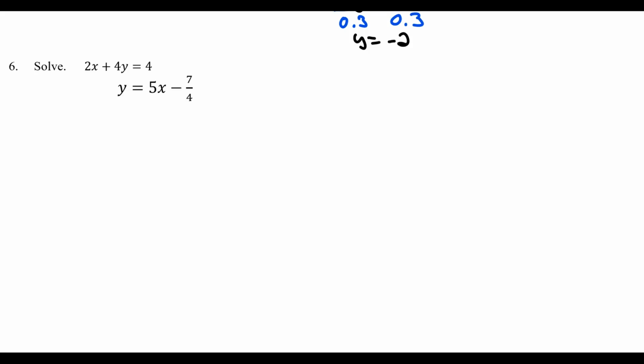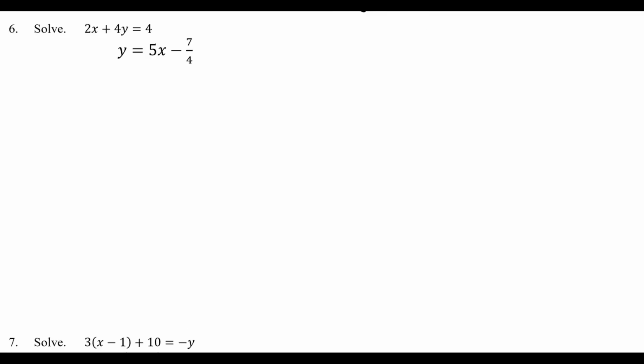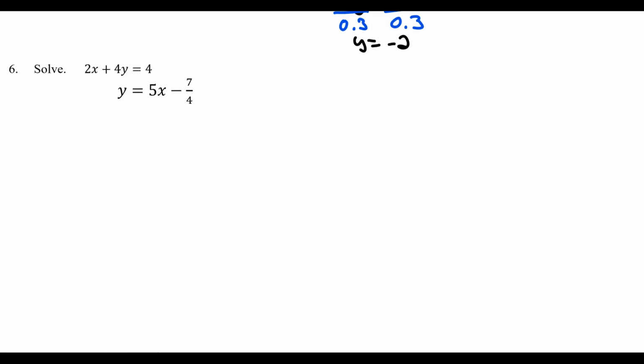Let's try another one. This one, notice it has a fraction in it, so we're going to leave answers in fraction form if we need to. Whenever I'm working this, notice I already have y equals. So on this particular one, I'm going to use substitution because I already have one of my variables solved for y.